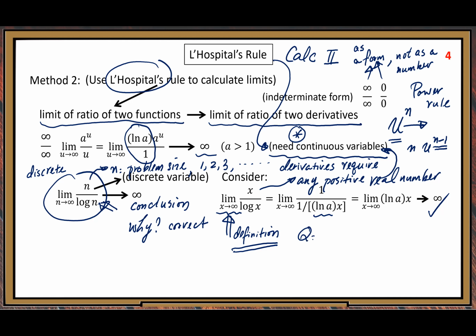So here's the question. There are so many different ways for x to approach infinity, right? For example, here I can take two different ways.